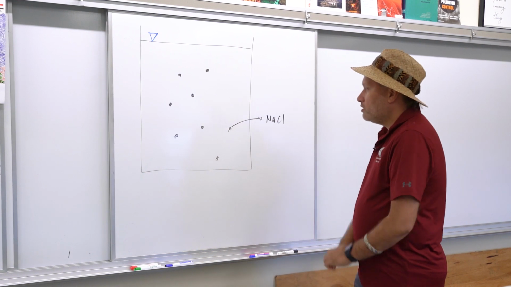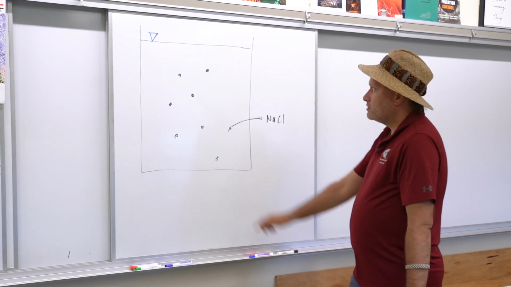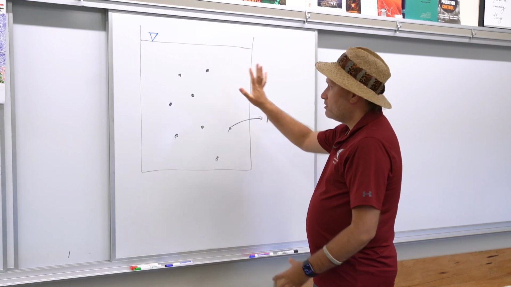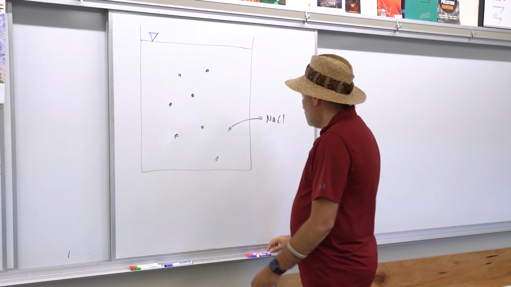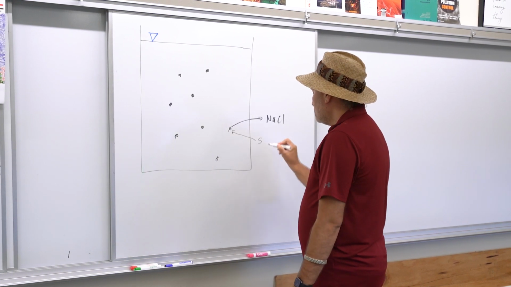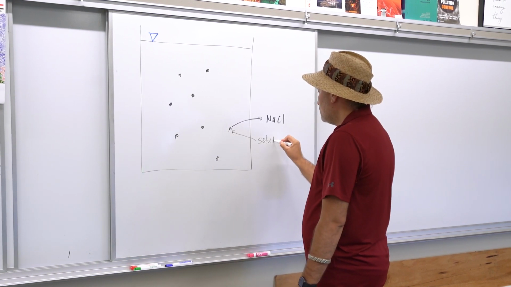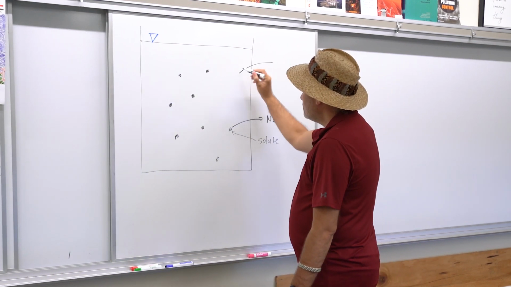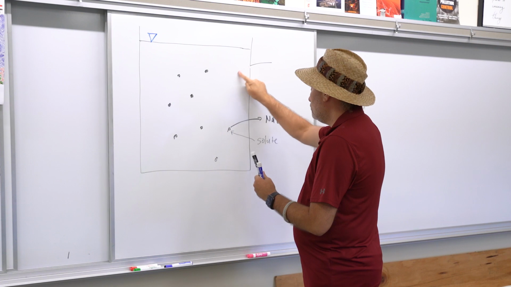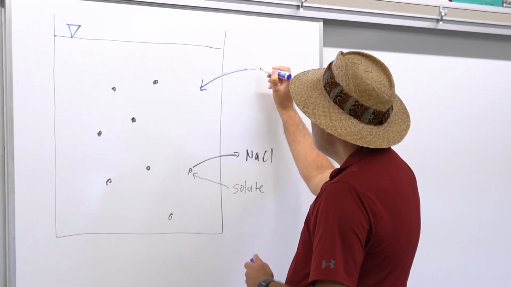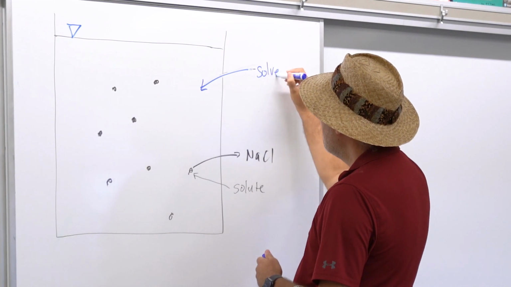And so really what we're looking at is how do we move these particles within this solution? So we can call this black particle a solute because it's a particle or a molecule. And then we can call this solution, let me change it to blue, the solvent.